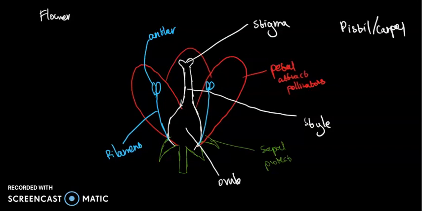The reason I went over the petal and the sepal and their functions before the carpel is that I forgot to mention that the male part is also called the stamen. The stamen and carpel are the reproductive parts.